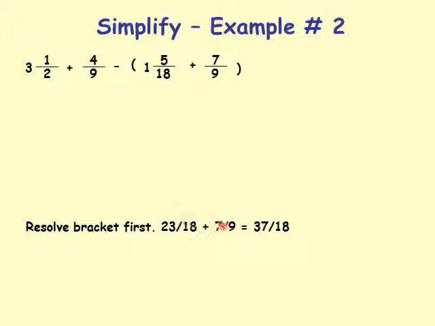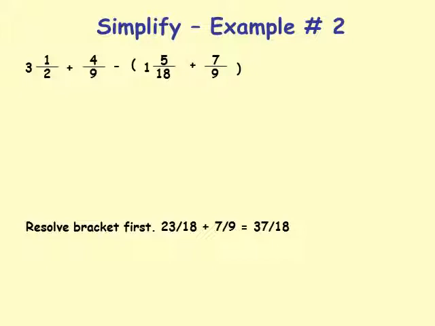The denominators 18 and 9 are proportional, so we convert 7 over 9 to an equivalent fraction with denominator 18. This becomes 14. Then we add the two fractions with the common denominator: 23 plus 14 is 37. So 37 divided by 18 is inside the parenthesis.